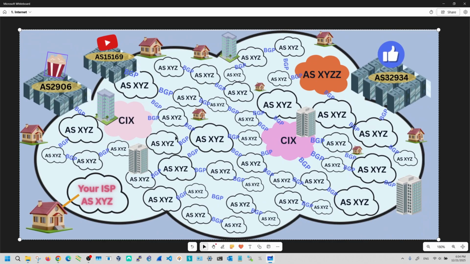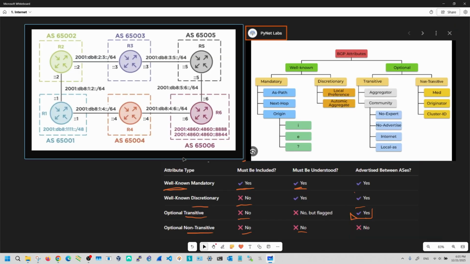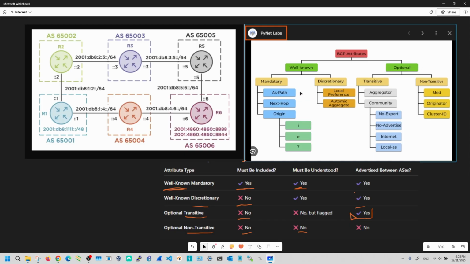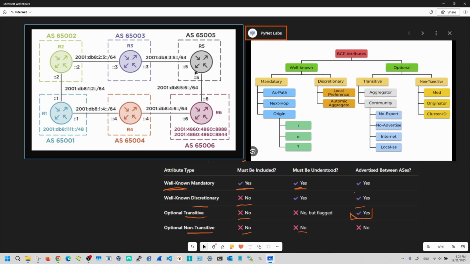We saw how the internet works, how BGP exchanges IP reachability information, and what are autonomous systems. We talked more about BGP attributes and its robustness as a protocol, and specifically how AS path attribute is used to prevent routing loops.